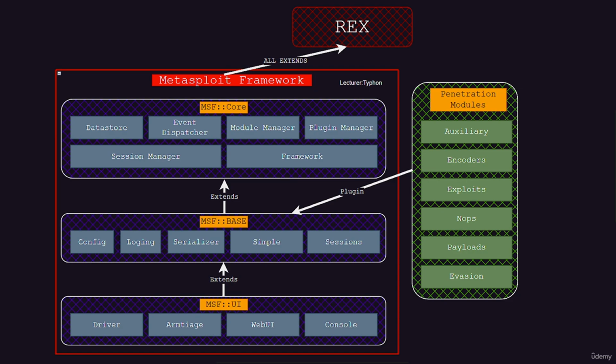This structured approach ensures Metasploit is not just a collection of tools, but a cohesive framework where every component works together to empower security professionals in their assessments and tests. Metasploit is a powerful tool used in the world of cybersecurity, and it's composed of several essential components that work together seamlessly.